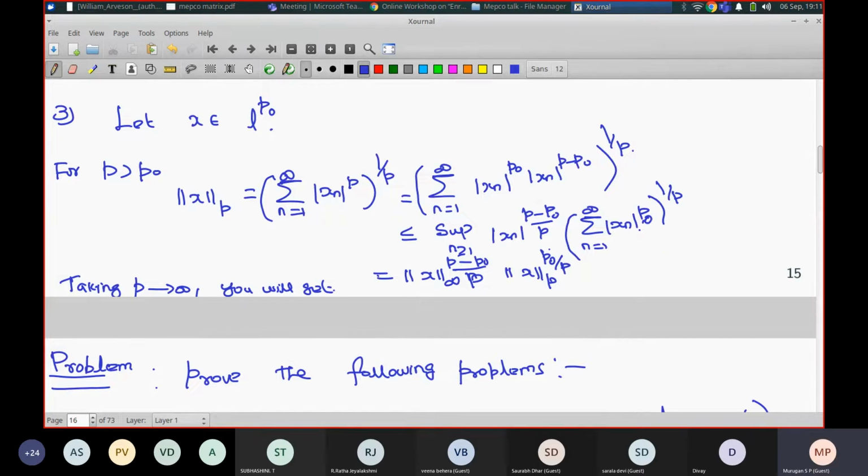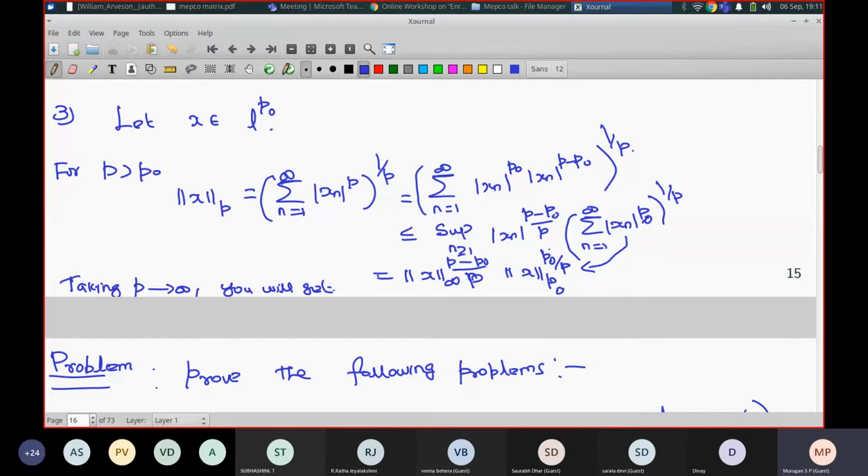Then what is the value? This is the norm x infinity to the power p minus p naught divided by p. So this quantity is equal to this quantity, because what is the p naught norm? If you take the p-th power, that is the norm x p naught to the power p naught by p, right?